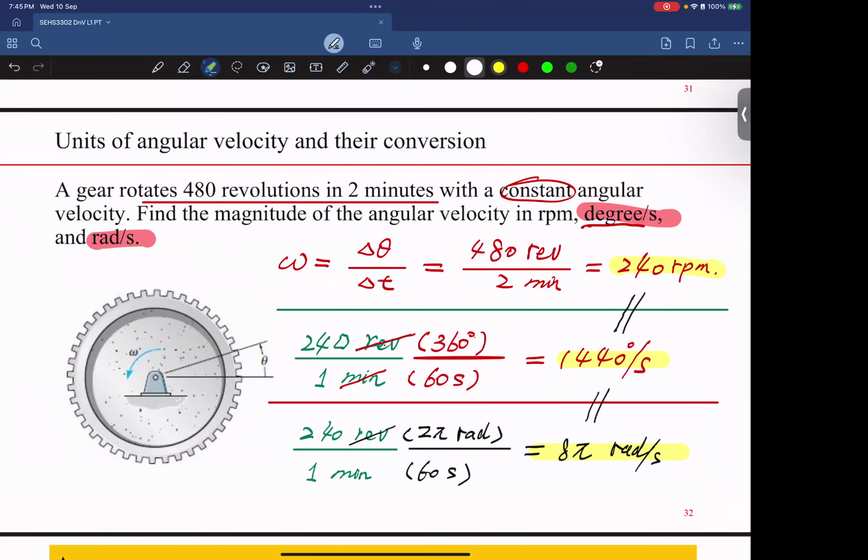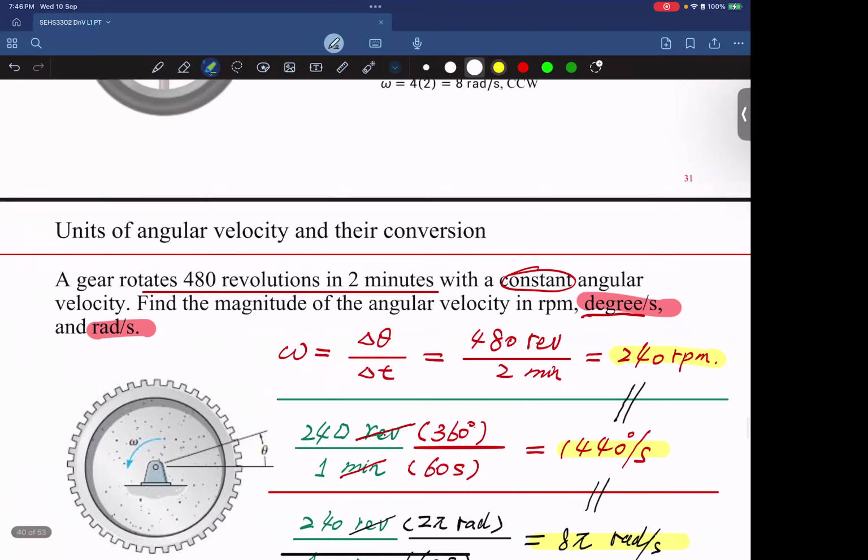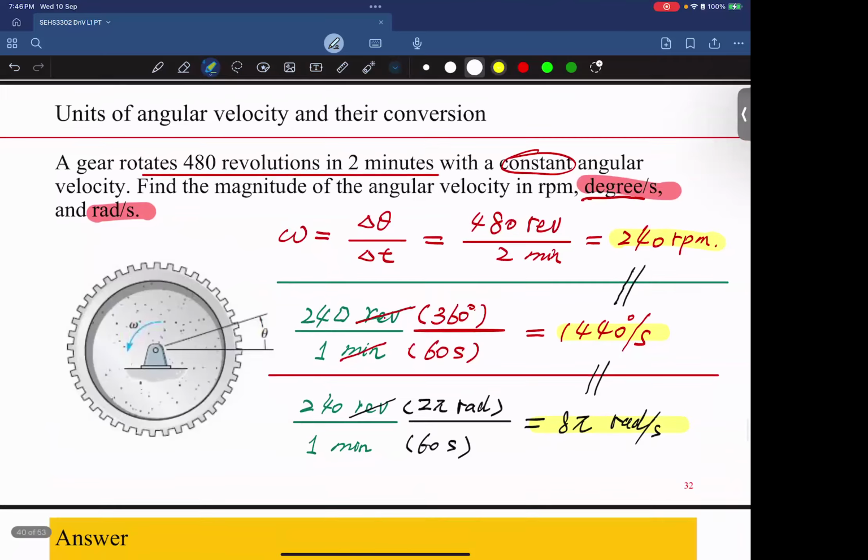In the midterm test, you'll be given a quantity, maybe in RPM, and you need to convert it into radians per second or degrees per second. I promise there will be a question. You will need this piece of information. Do some practice because it's very useful.